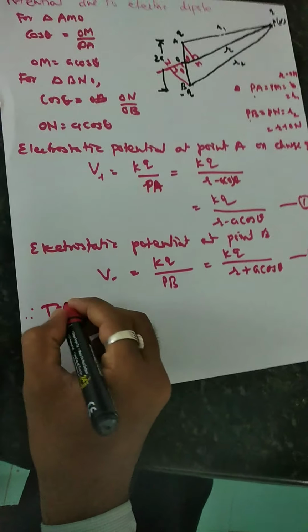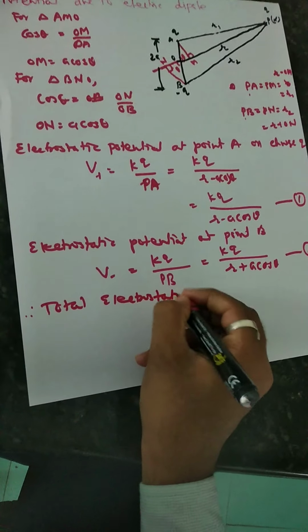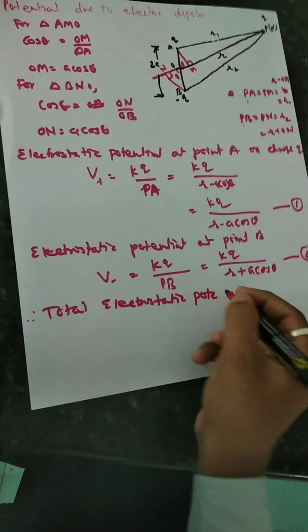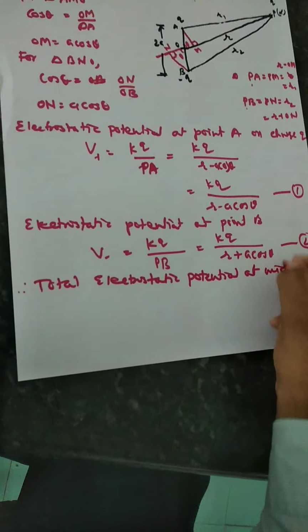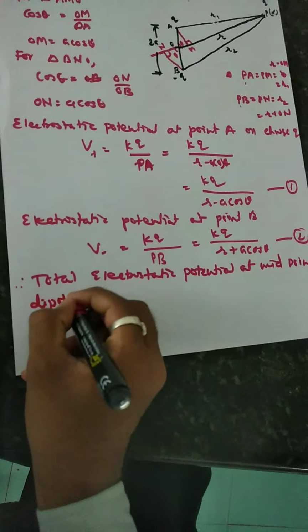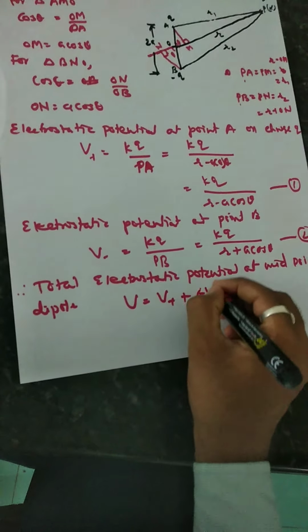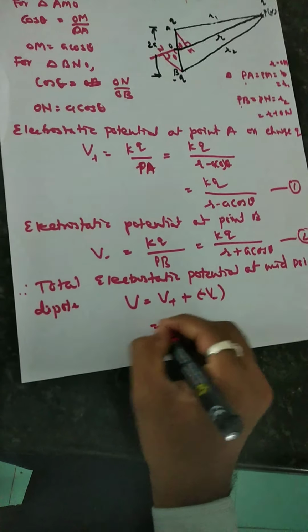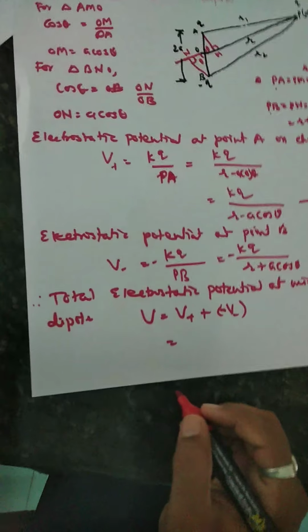Therefore the total electrostatic potential at the midpoint of the dipole is equal to V plus minus V minus. Because of the negative charge, we use a minus sign over here.